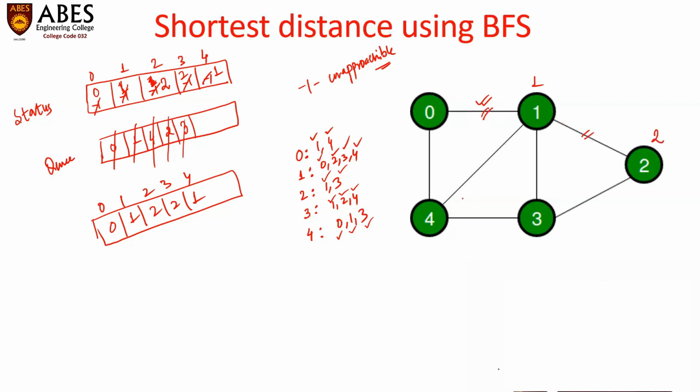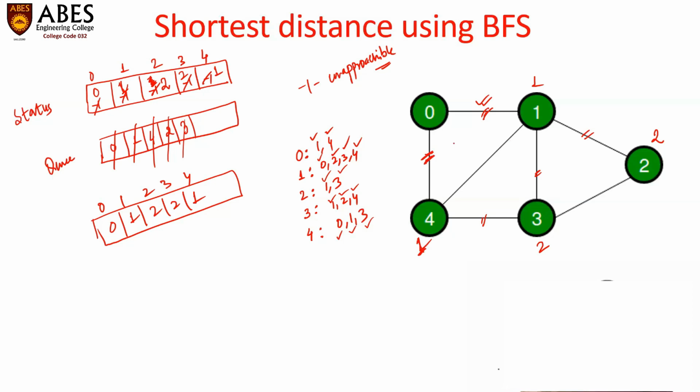Similarly, if you have to go to 3, you can follow either path, either from 0 to 4 and then 4 to 3, or from 0 to 1 and 1 to 3. In both cases, the distance is 2 because two edges are involved in this path. The distance of 4 is 1 because there is a direct edge from 0 to 4. Hence the distance of 4 from vertex number 0 is 1.